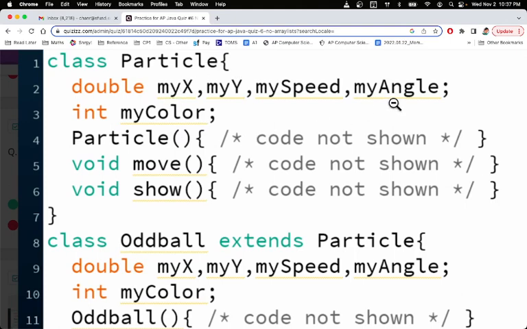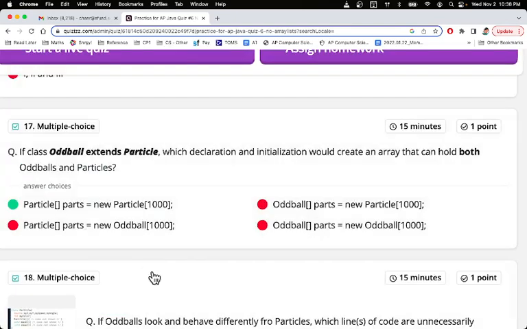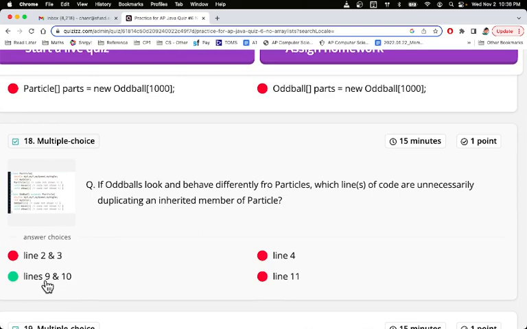It has these 1, 2, 3, 4, 5 member variables. Beginners often redeclare those member variables, forgetting that they are inherited. So this is no good. Lines 9 and 10 can be crossed off. They already exist. You inherited from particle because oddball extends particle. Make sure you know that for the quiz. So that is unnecessary and duplicating.